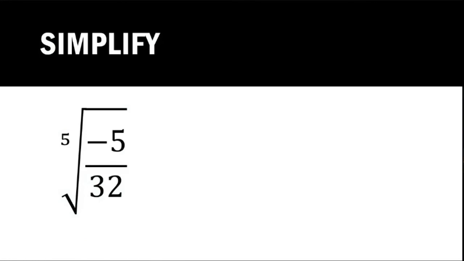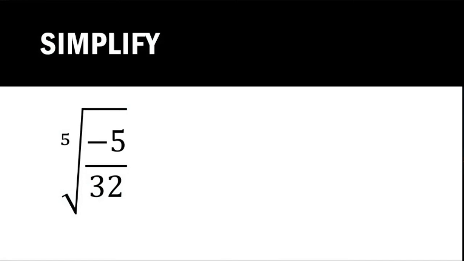Okay, so now let's simplify the fifth root of negative 5 over 32. In this case, the denominator can be simplified. Since from the given title, we need to rationalize the denominator, it means that it is not acceptable to have radicals in the denominator.